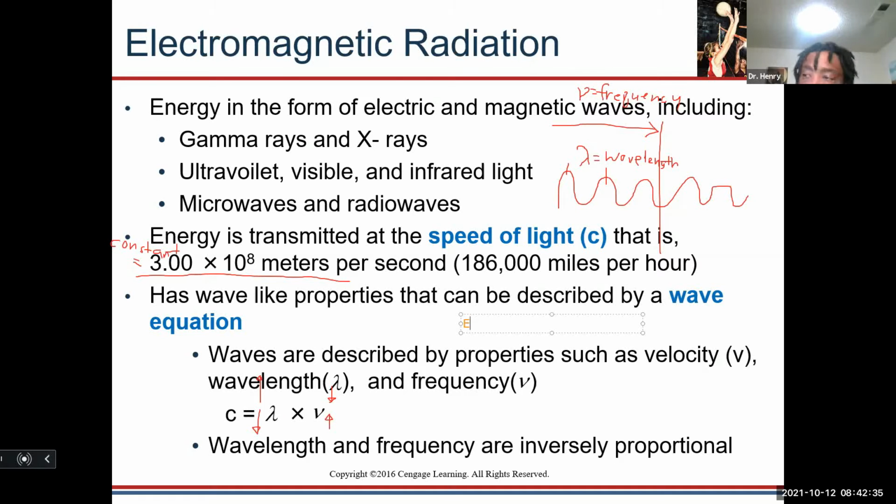E for energy equals h nu. h is Planck's constant, and nu, that V, although I can't make my funny looking V on my board, equals frequency.